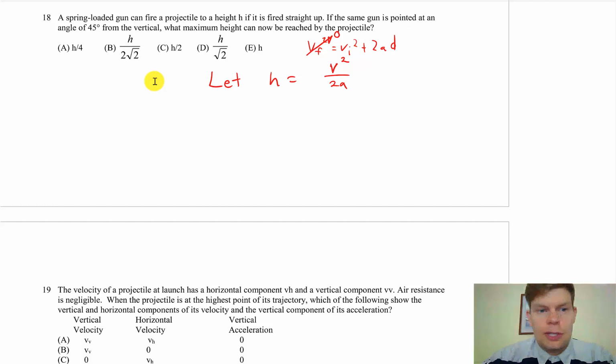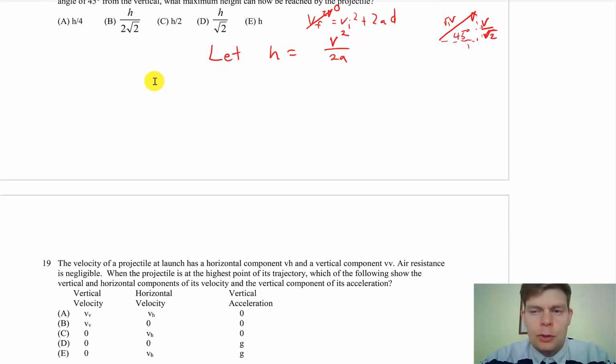Now, if we put something at 45 degrees, hopefully you've done special triangles in math, that means this thing here is v over root 2. If you know your special triangles, 1, 1, root 2.